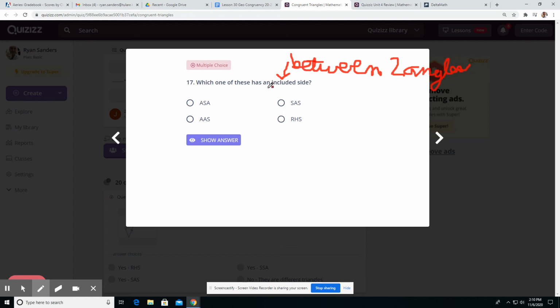Let's see, included. I'm not really familiar with that terminology, but it sounds like it's in between. So is it this one? Let's see. Included side, not the angle. So yes, between the two angles is the side, not an included angle. It's an included side. So this fits that definition.